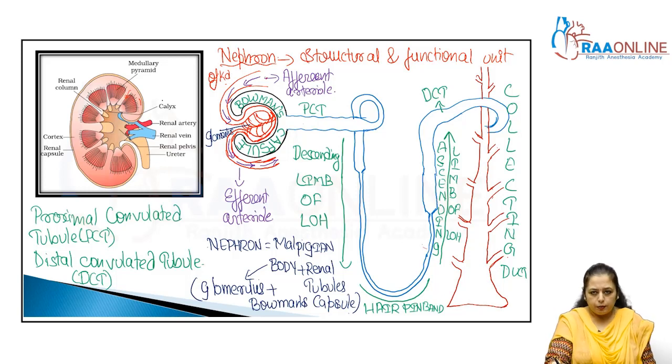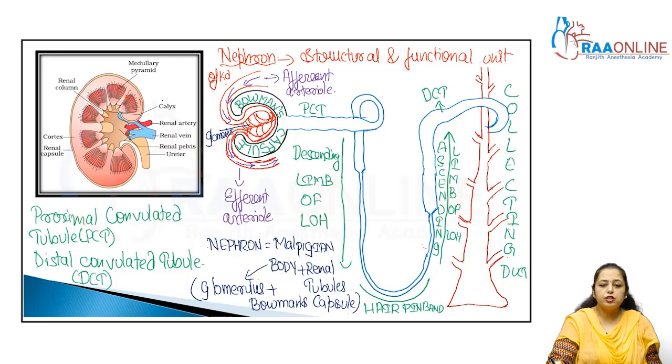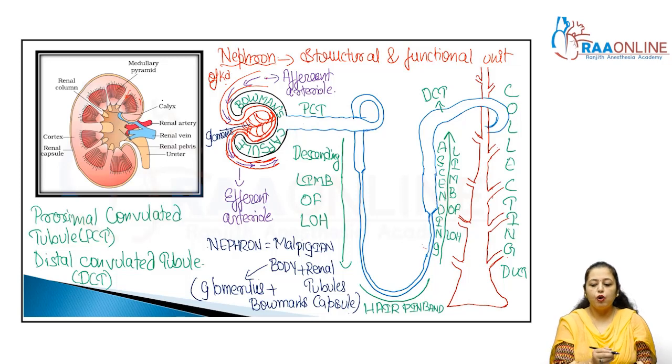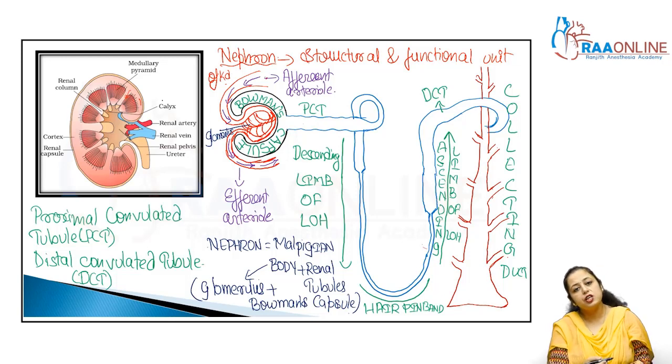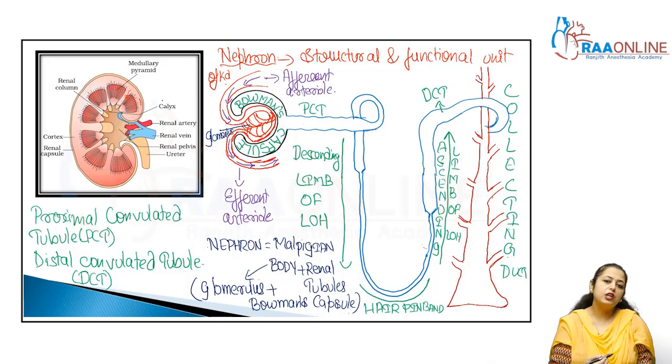The main function of the nephron is to regulate the concentration of water and soluble substances, like sodium salts, by filtering the blood and reabsorbing what is needed. What is not needed by our body, they excrete with the urine. So this is the function of the nephron.